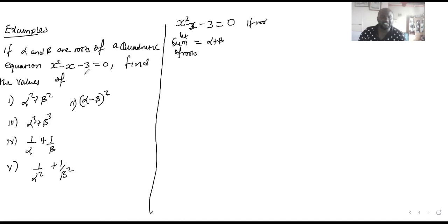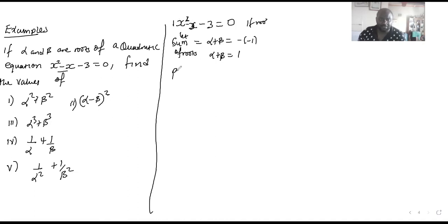Remember, I told you if the term in linear x has a negative, then the sum is going to be the negative of -1. But for those of you who cram, you just say it is +1 because there is a negative there. And you confirm this if there is also a 1 here. If there is no 1, you first divide and create a 1. Okay?